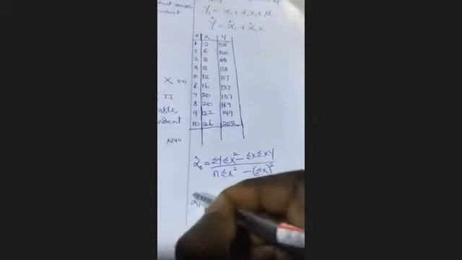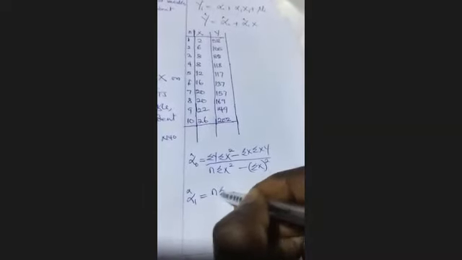Then alpha 1 cap is N summation XY minus summation X summation Y. Please, somebody should confirm X is 140.